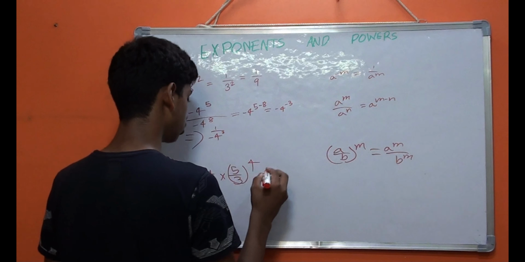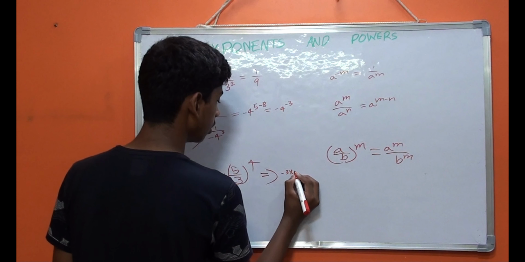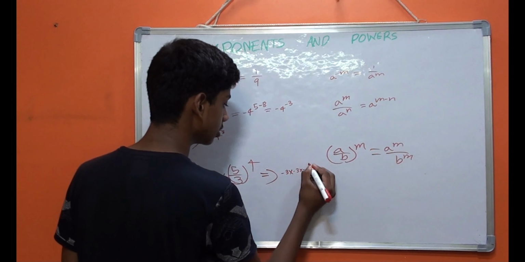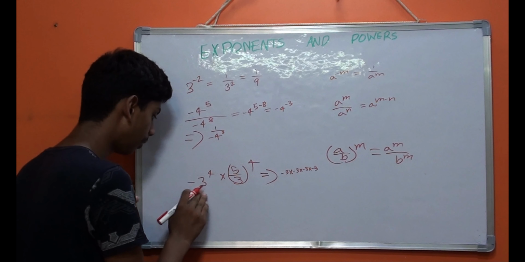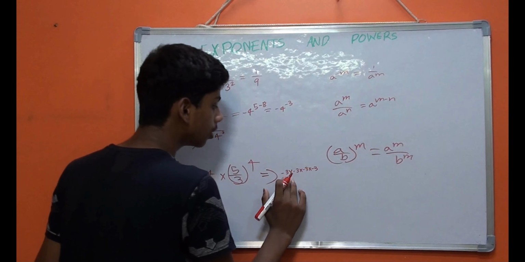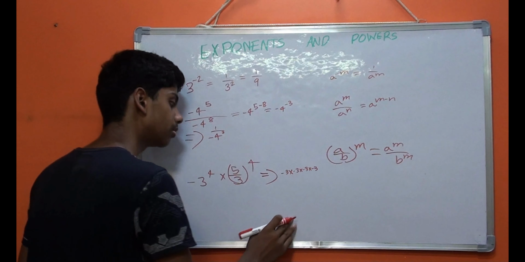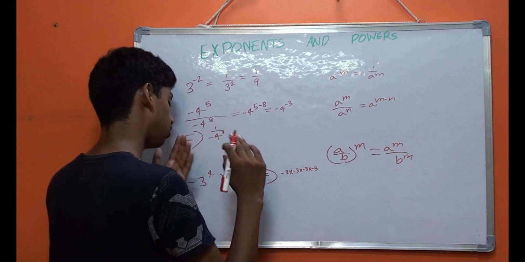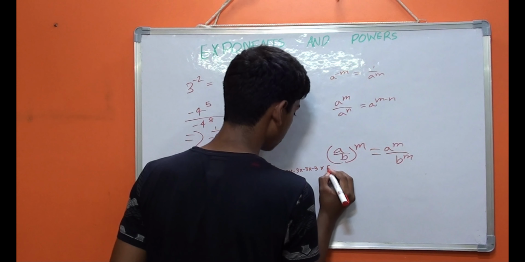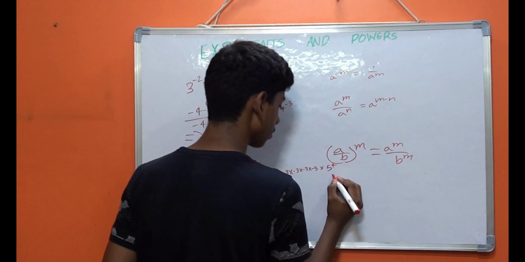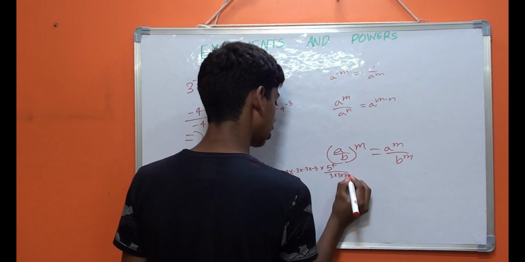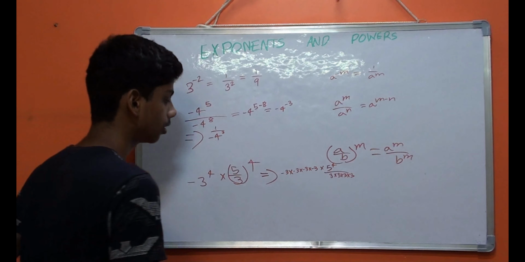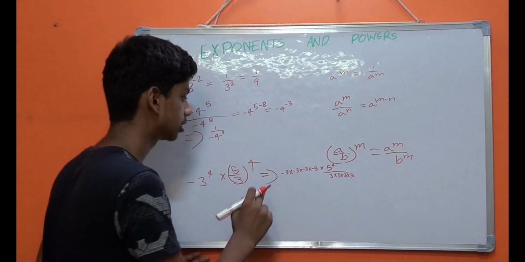This equals minus 3 into minus 3 into minus 3 into minus 3. Here minus 3 to the power of 4, we have to take it 4 times, minus 3 into itself 4 times. Again into 5 power 4 by 3 into 3 into 3 into 3. Here minus into minus becomes plus.